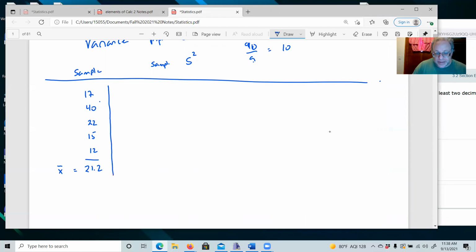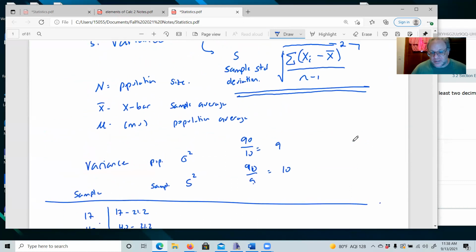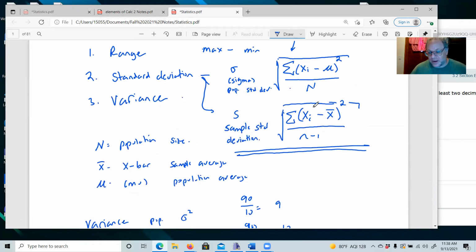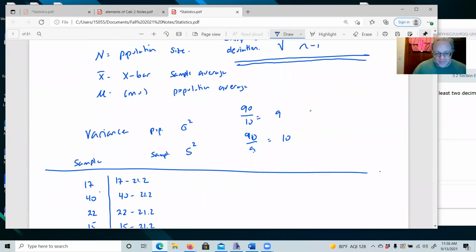Next column, I'm going to take 17 minus 21.2, 40 minus 21.2, 22 minus 21.2, 15 minus 21.2, 12 minus 21.2. The first one subtracts it, the second, the third, the fourth, and the fifth. This is x minus x bar.